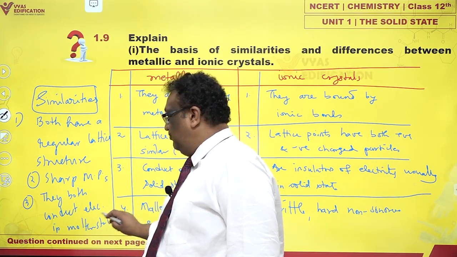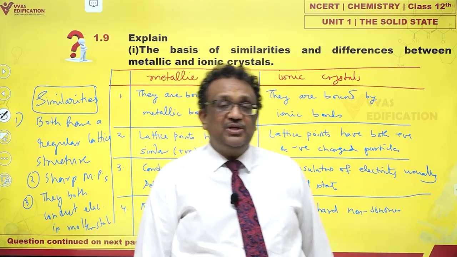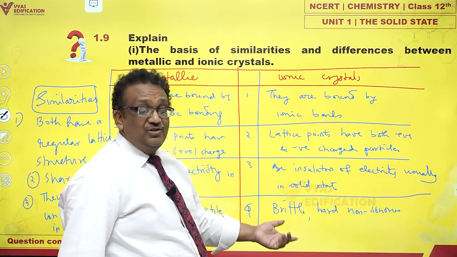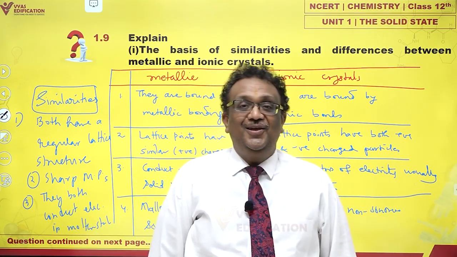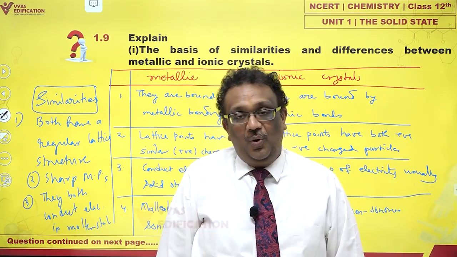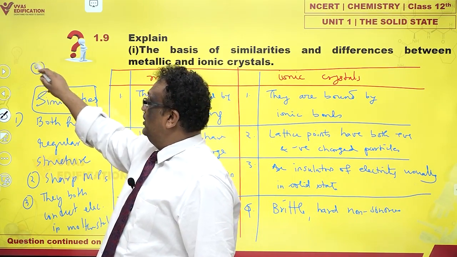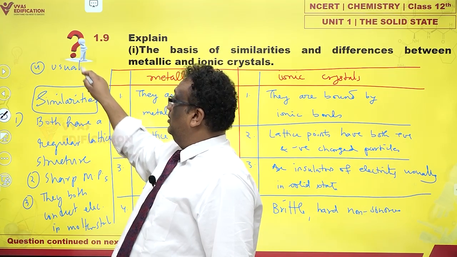If you melt them, a molten metallic substance also will conduct electricity, and a molten ionic crystal also would conduct electricity. Wow. Anything else? Yes, a fourth point. They're usually hard.